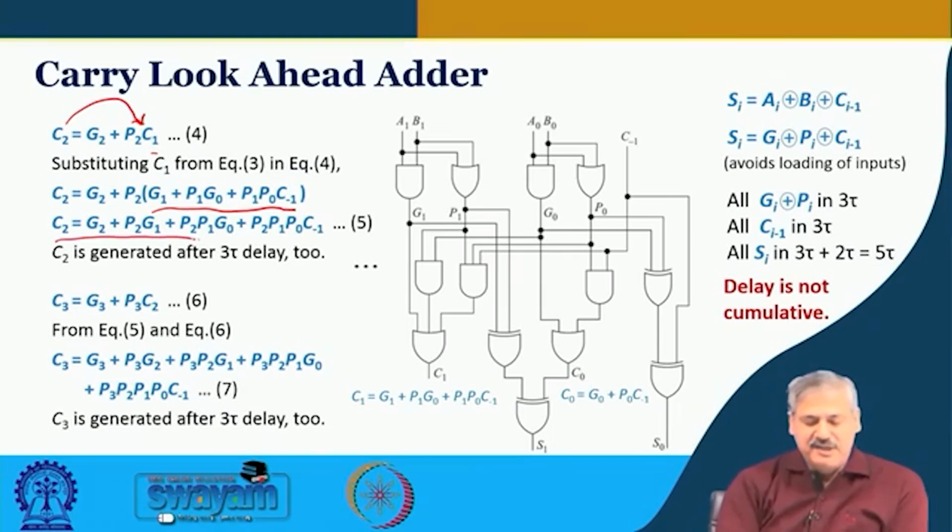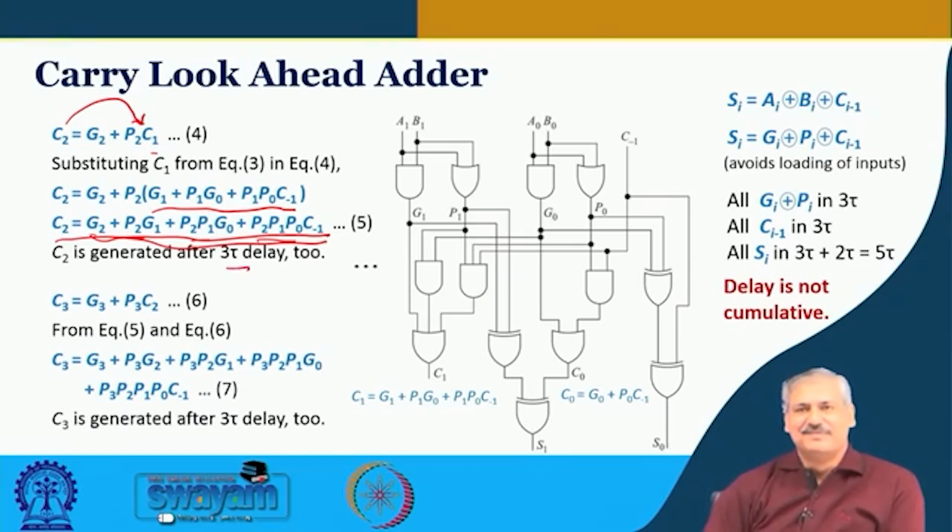Then we expand it. Again, each of these P I and G I's are generated after 1 tau. Each of these AND gates, which is doing a parallel operation, will take 1 tau. So, 2 tau and final 1 OR gate to combine all these product terms, so another tau. So, it is obtained after 3 tau delay.